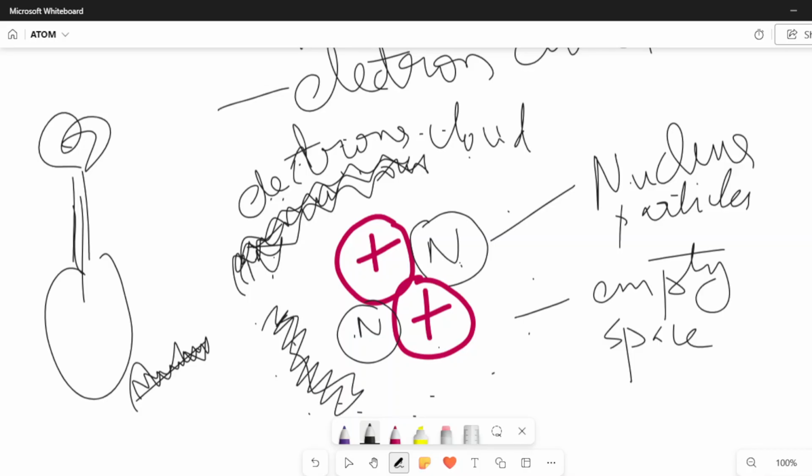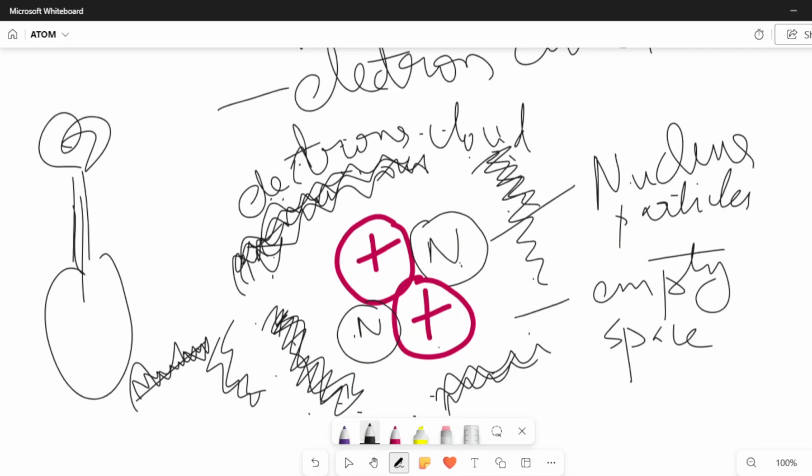Like in our sky we have clouds, and it's not equally spread, right? They are present here and there. Similarly, electrons are also present around this nucleus at various distances in the form of waves. So these are all called the electron clouds.